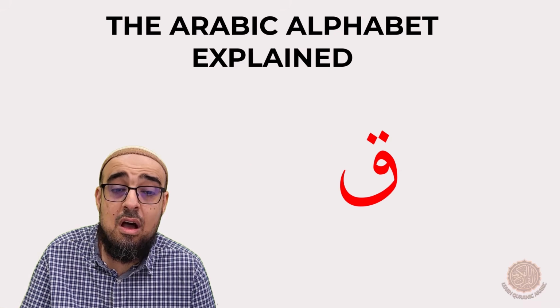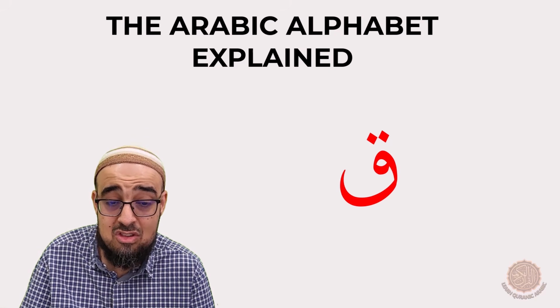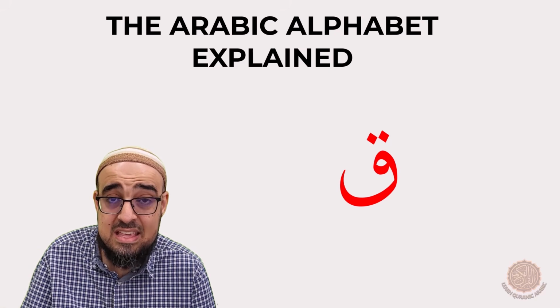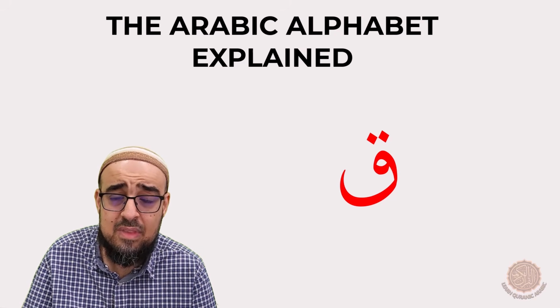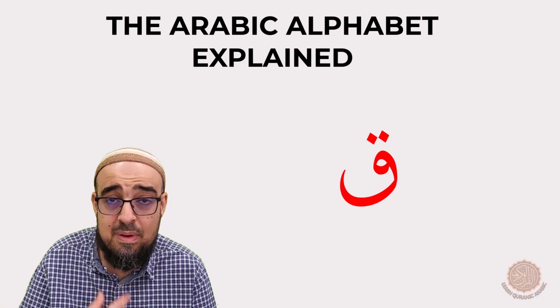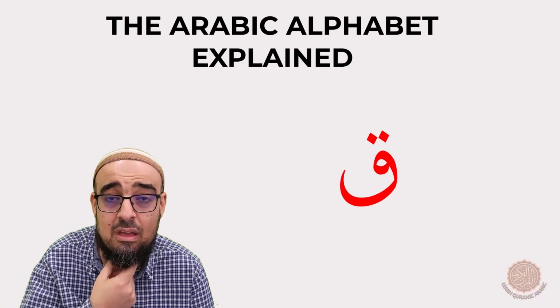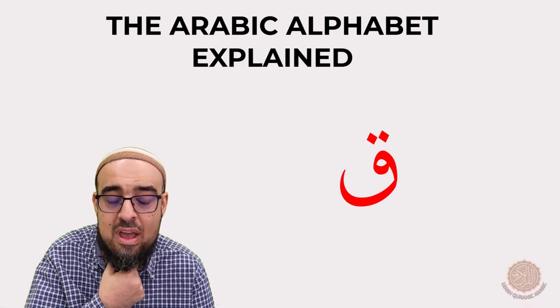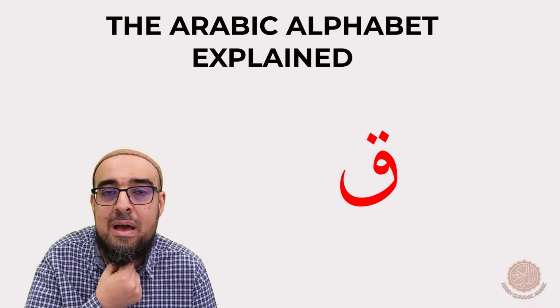Next is the qaf. Q. This is not found in English either. It's like the K sound, which we'll speak about just later, but it's deeper. K is more outside, and Q is more throaty, in the throat area. It's more in the back of the mouth here.